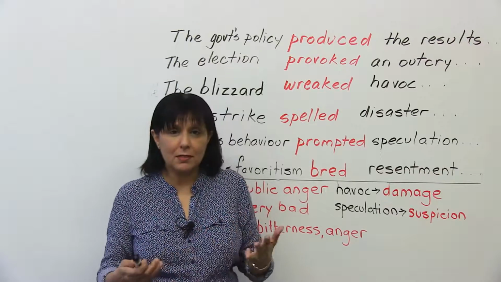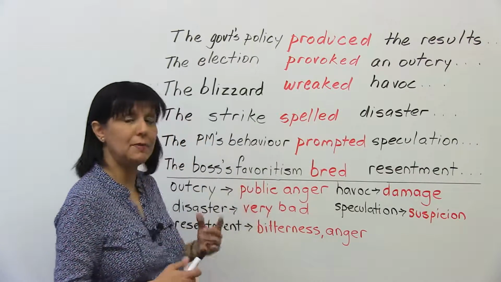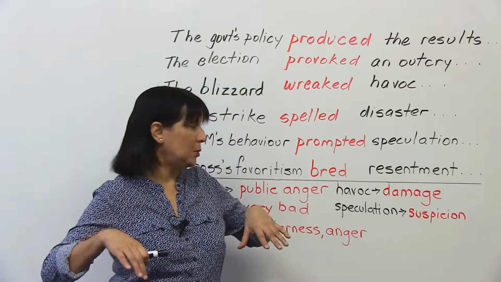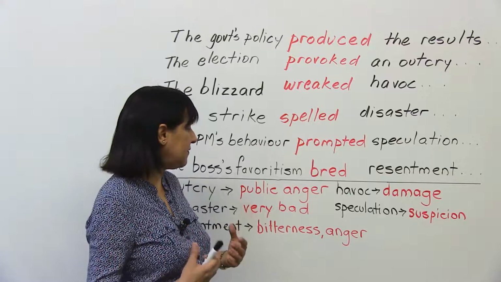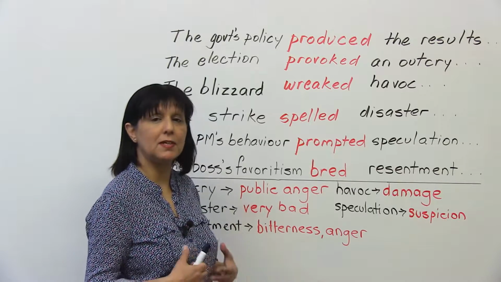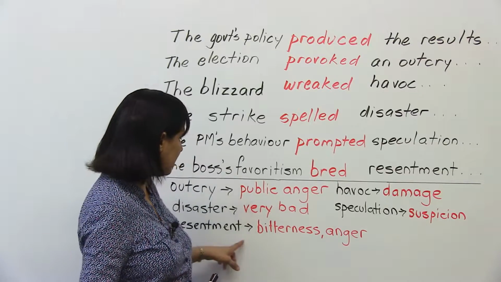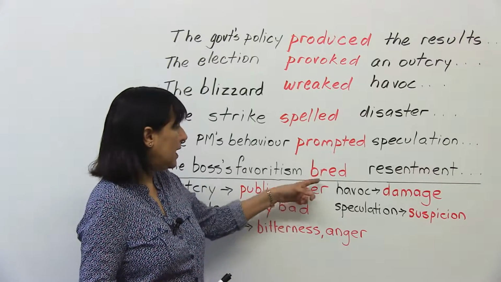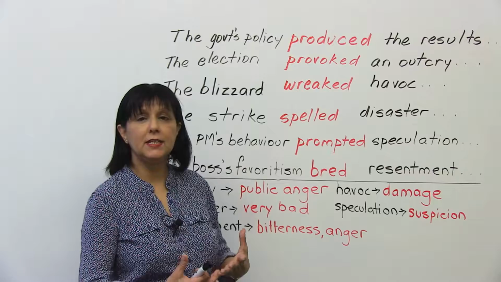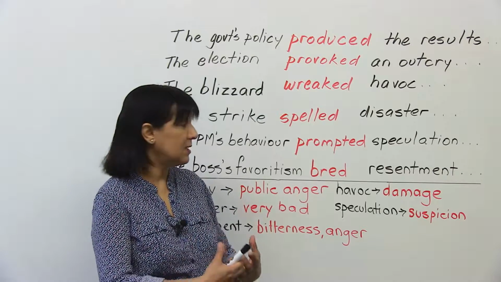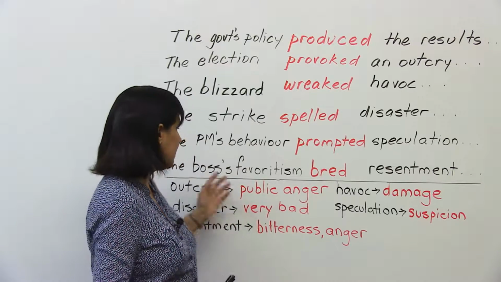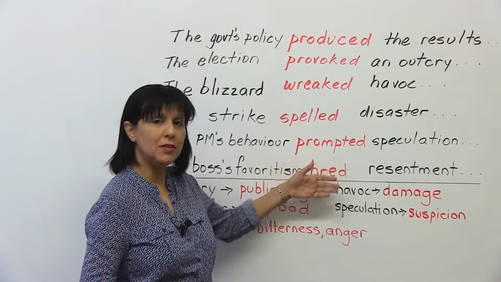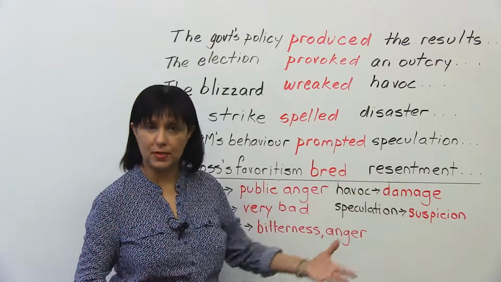They shouldn't do that, but it happens. And when that happens, what happens to the other people? They're not very happy, are they? No. So they feel a lot of resentment. They become resentful. And resentment is basically bitterness or anger. So the verb here is to breed resentment, to cause resentment. Okay? So the boss's favoritism bred, in the past, bred resentment among the employees.